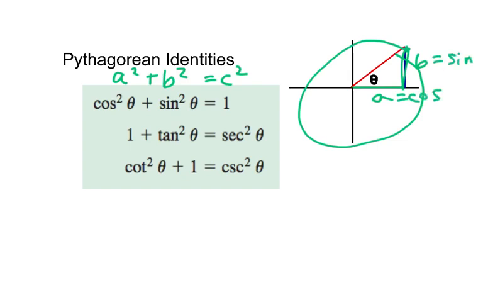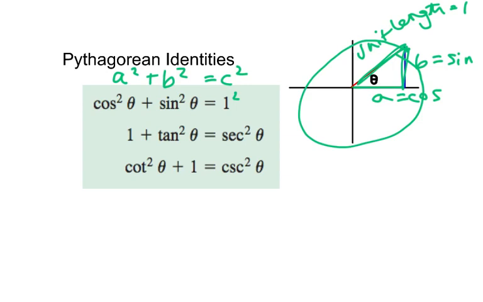If we take that cosine and sine and square them individually, and then add them together, it becomes 1 squared, which is the unit circle idea, because this is a unit length of 1. That's why we call it a unit circle. It's got a 1 involved. Okay. So that's the idea.